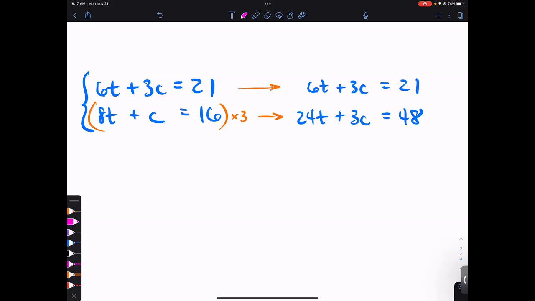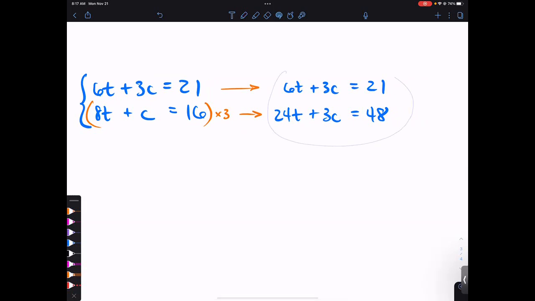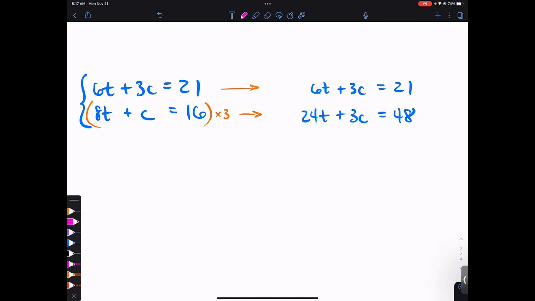Okay, now let's try the same thing again. Only now I've got 3C in both equations, right? Well, let's try subtracting again. 6T minus 24T would be negative 18. What's 3C minus 3C? 0. And 21 minus 48 is negative 27.